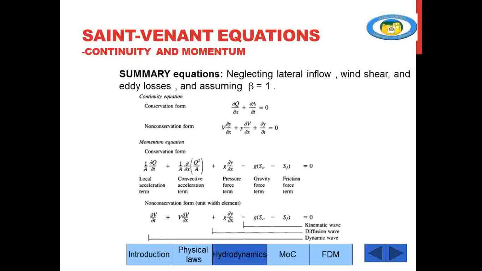If we add the pressure term, then it would end up with the diffusion wave. And if we include the whole of the terms, including the inertia terms, both local acceleration and convective acceleration, then we would have the full dynamic wave equation, which is typically used for unsteady flow mainly.